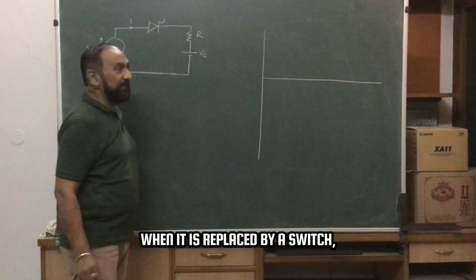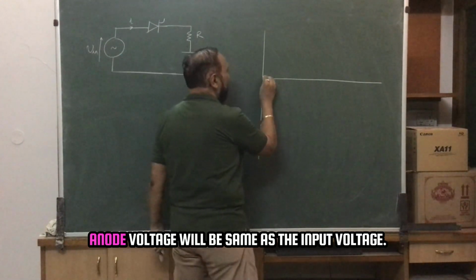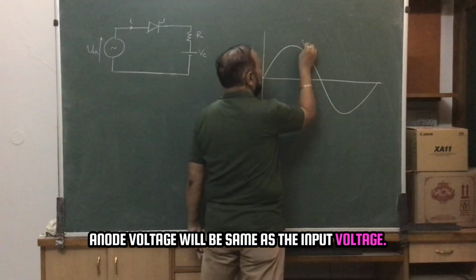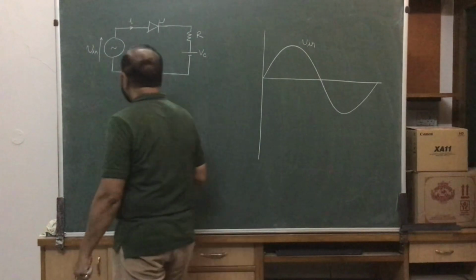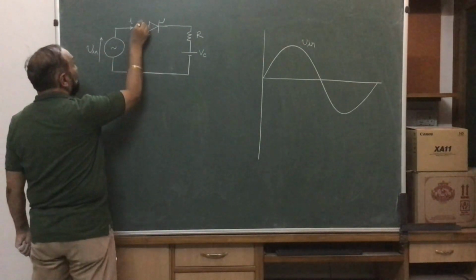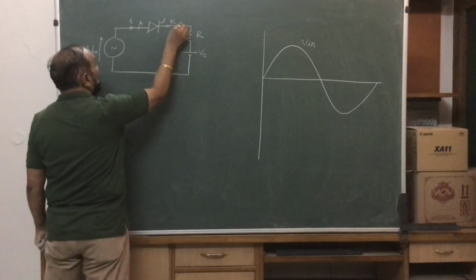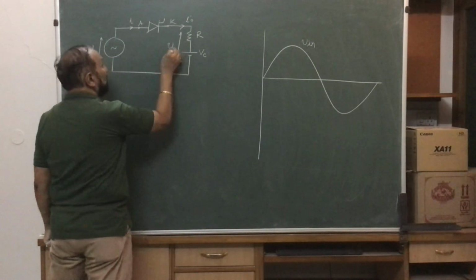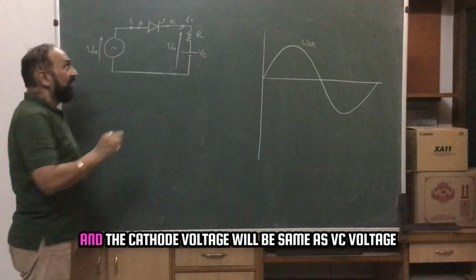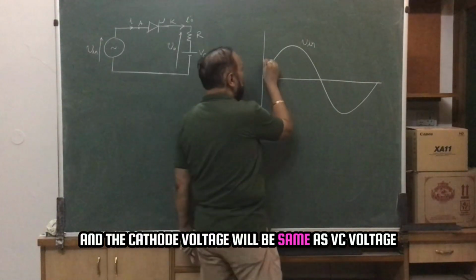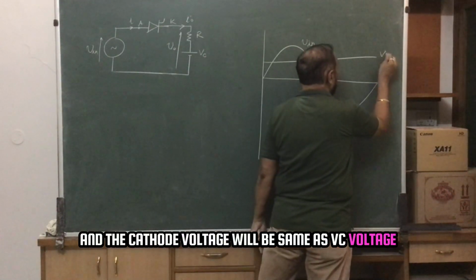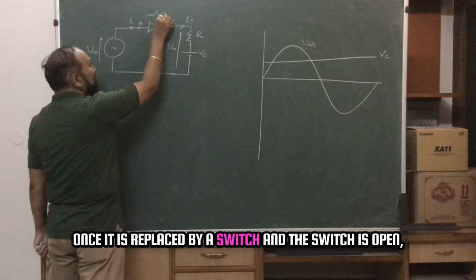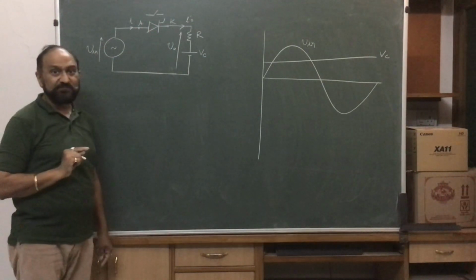When it is replaced by a switch, anode voltage will be same as the input voltage. And the cathode voltage will be same as VC voltage once it is replaced by a switch and the switch is open.